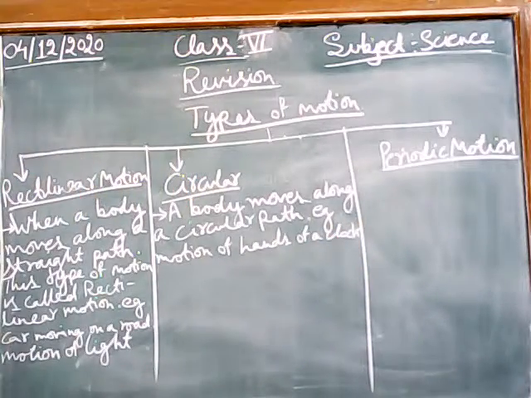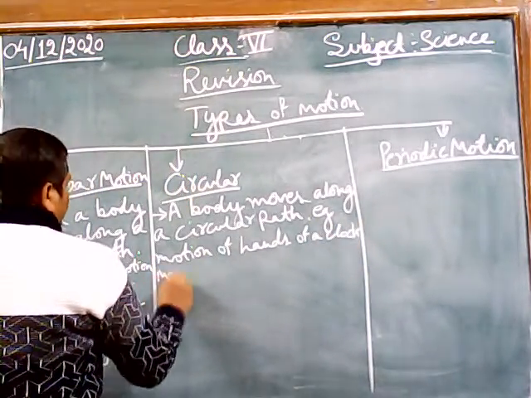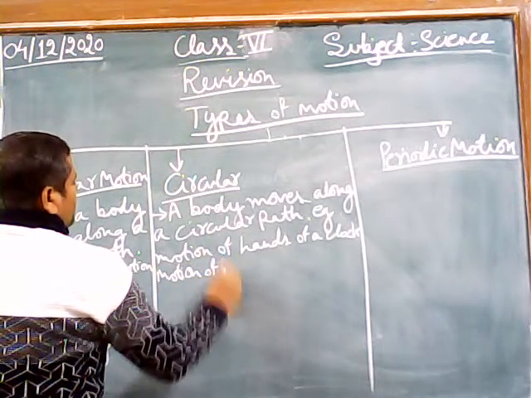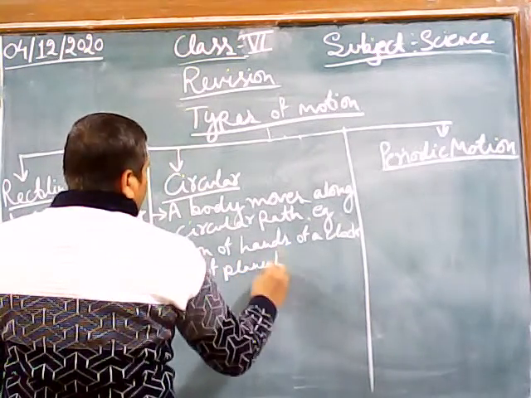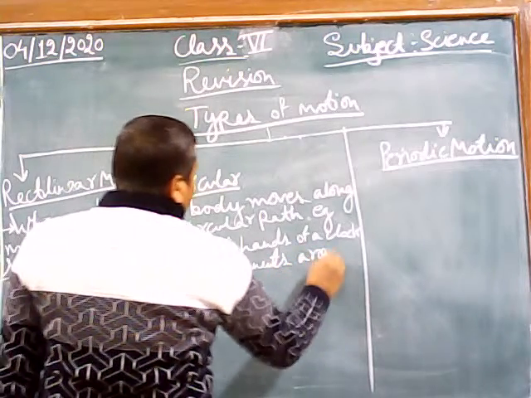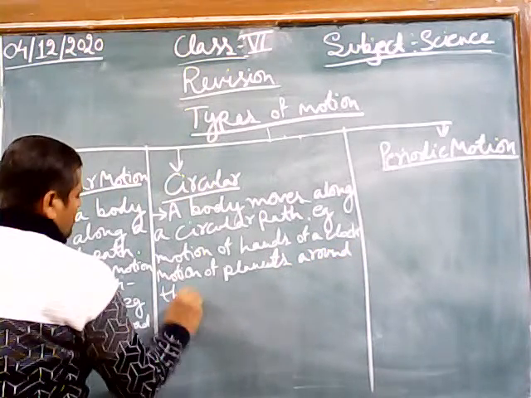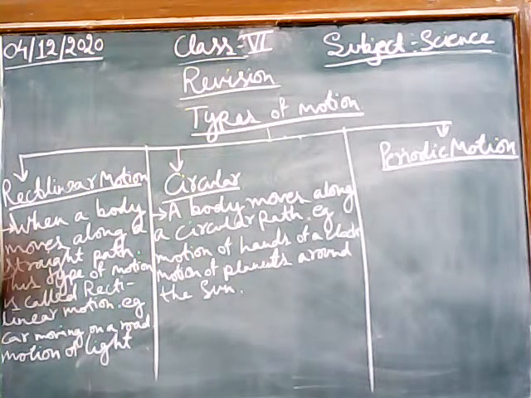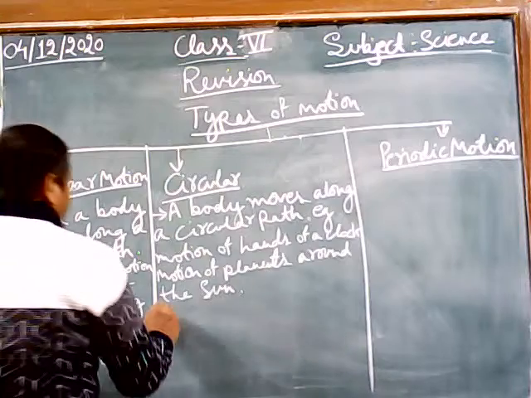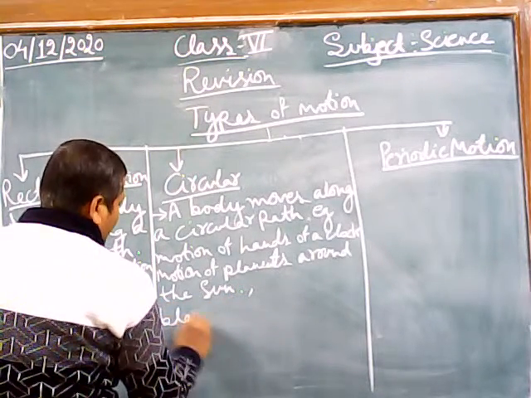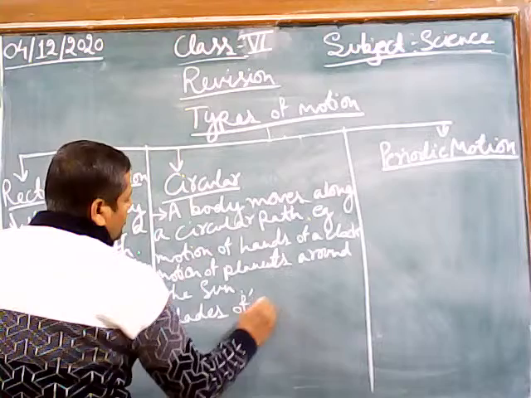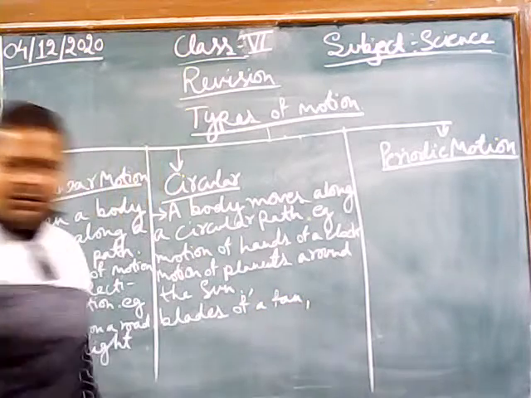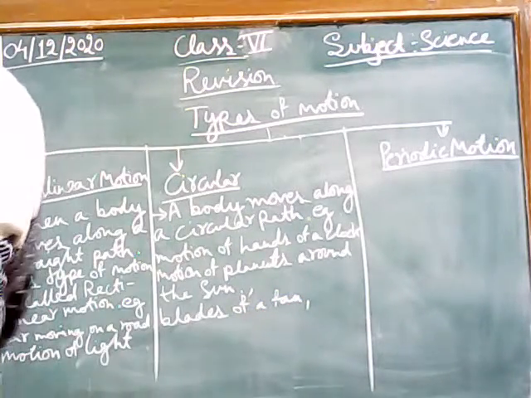Then motion of planets around the sun. You can suggest more examples. Yes, blades of a fan. Very good.